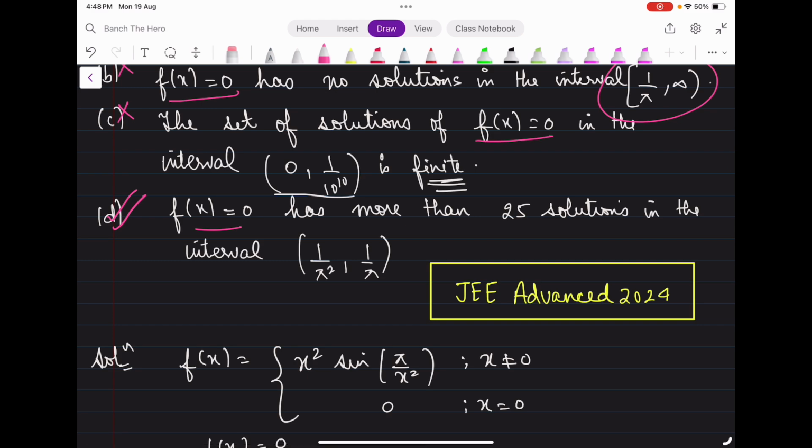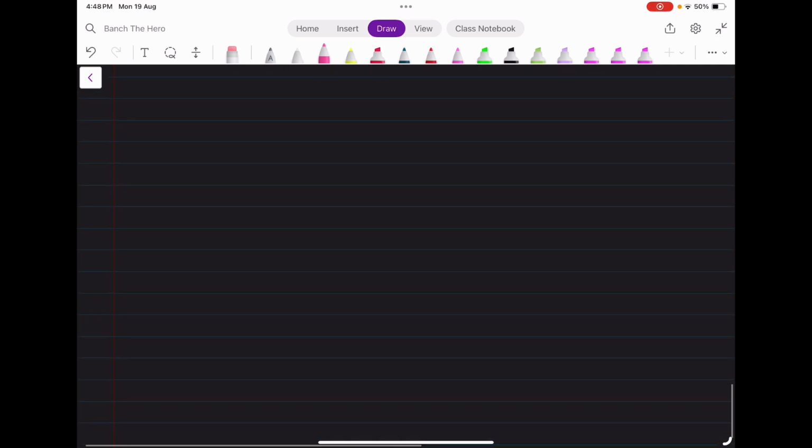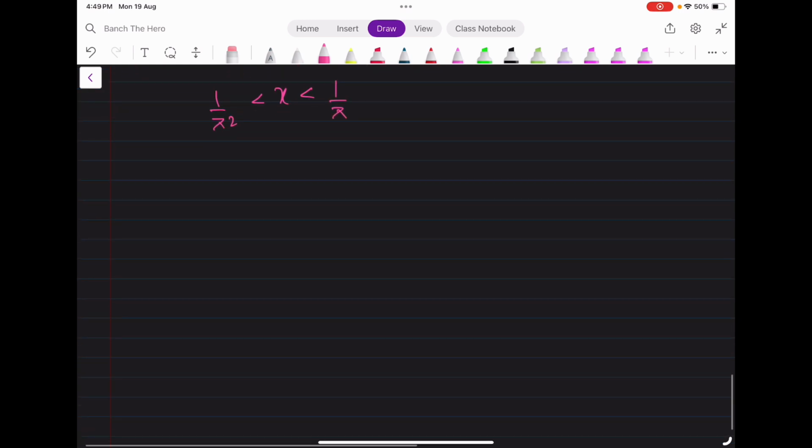But let us verify. f of x has more than 25 solutions in this interval. Let us verify this particular option also. In the D option, it is given x belongs to 1 by pi square to 1 by pi. That is, x is lying between 1 by pi square to 1 by pi, and x is 1 by root n. So 1 by root n lies in this interval.